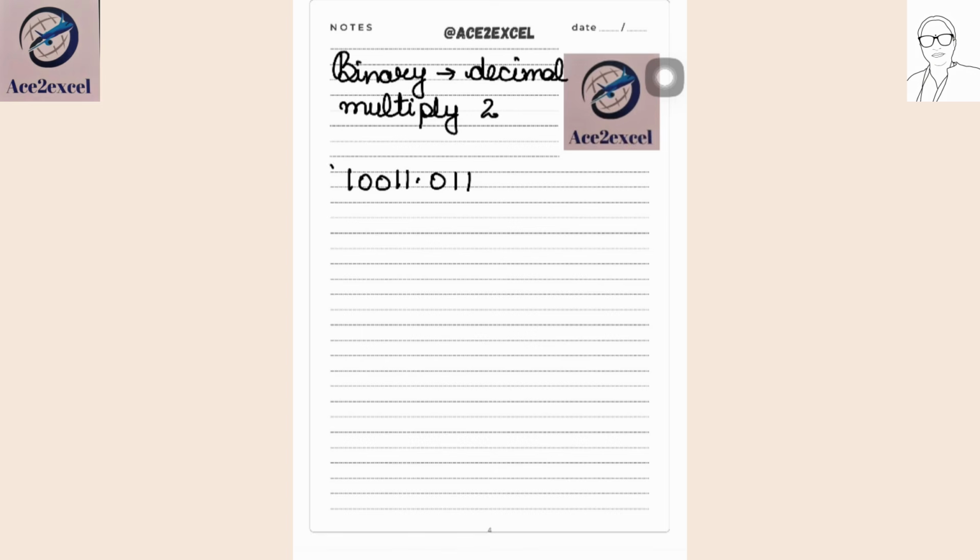Now if you observe, this is a mixed binary number and I need to find its decimal equivalent. How to do it? While doing it, you will keep in mind that this part is the integer. The other part is fractional. Both will be multiplied by 2, but the powers will vary.